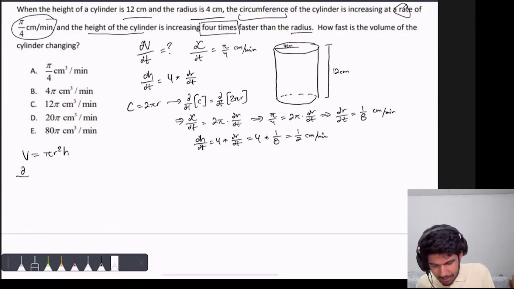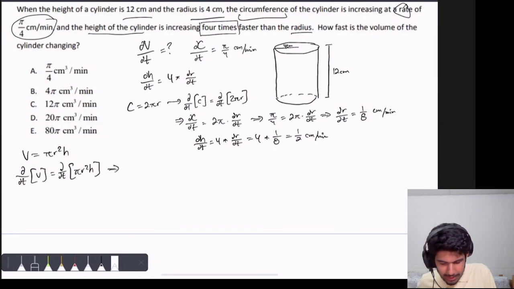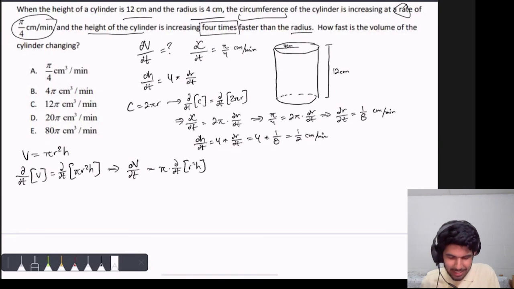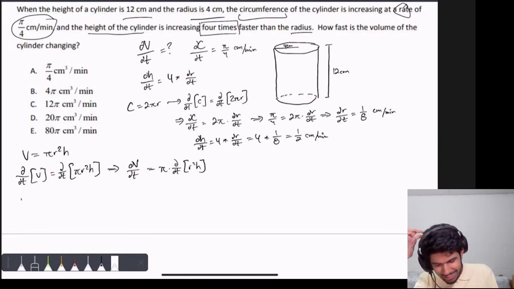And we'll do our similar technique of differentiating on both sides. And we get V equals pi r squared h, right? So the left-hand side is dv dt. The right-hand side, oh boy, it's pi times the derivative with respect to t of r squared h. This looks like a job for the product rule. So let's do that.